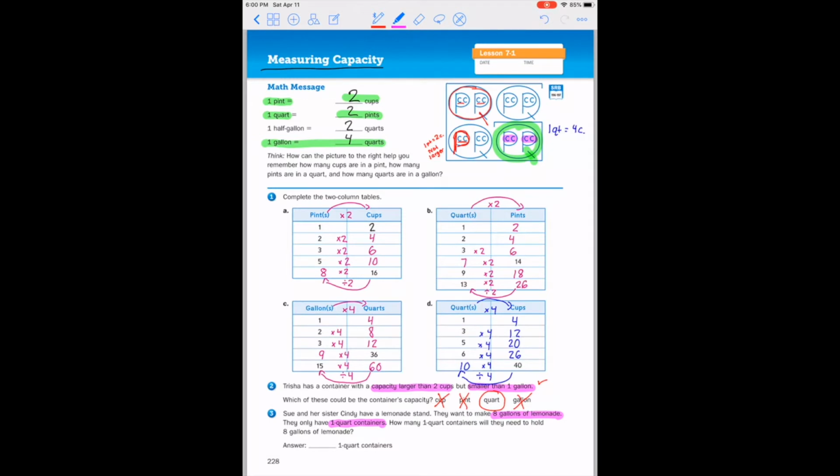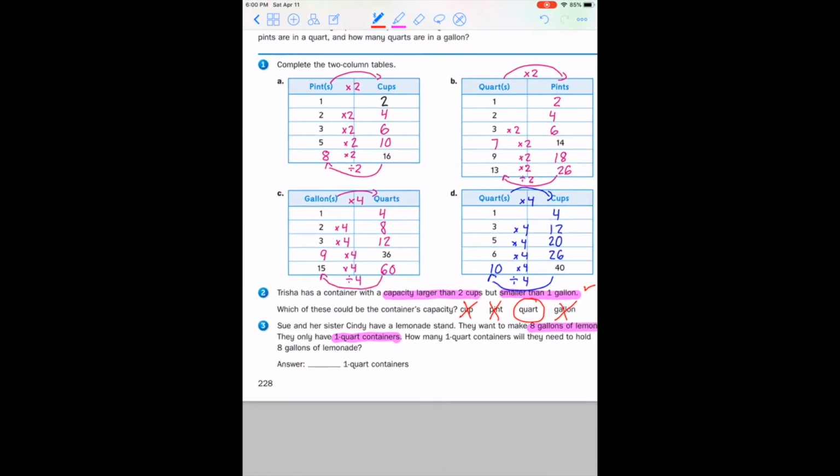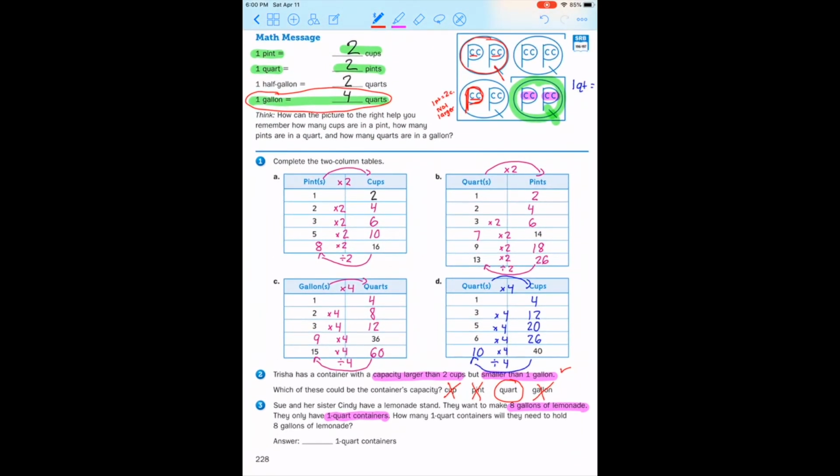So we need to figure out how many quarts can fit in 1 gallon. And if I look up here, I know that 1 gallon is equal to 4 quarts. And of course, you know my issue with everyday math, they never give you enough room.